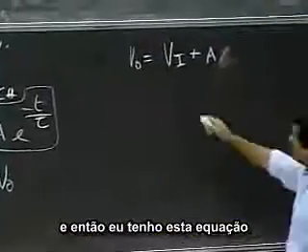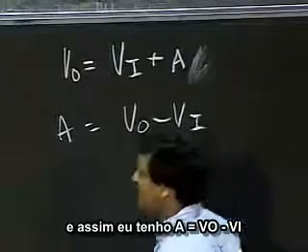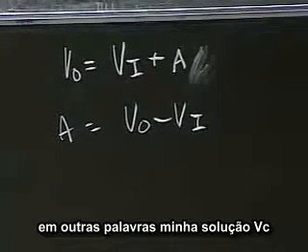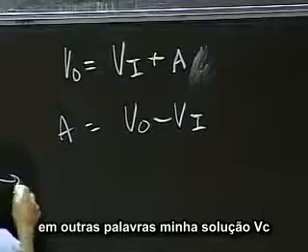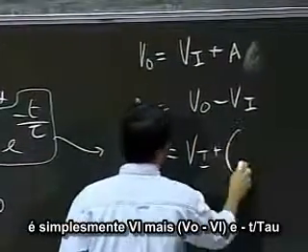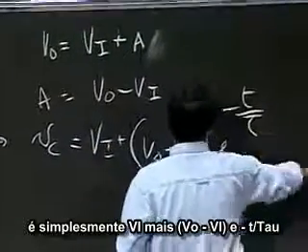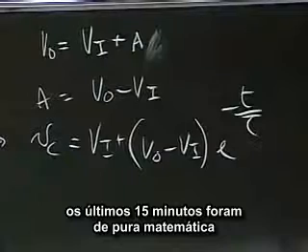And so I get this equation, and from which I get A to be V naught minus Vi. All right, in other words, my solution Vc is simply Vi plus (V naught minus Vi) e to the minus t divided by tau.